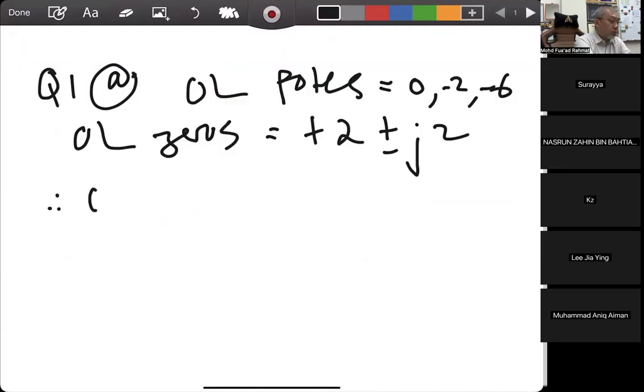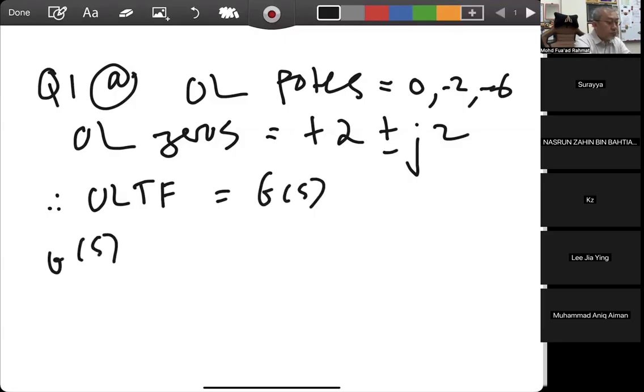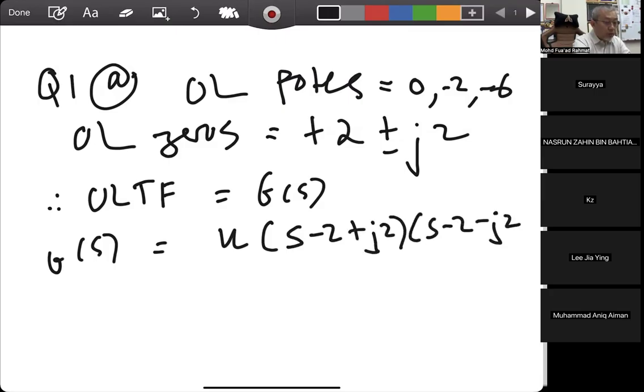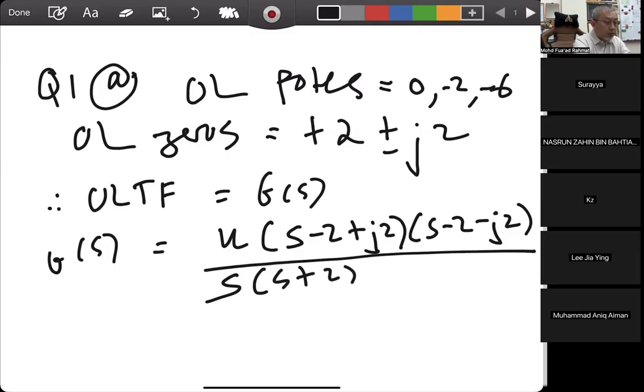So open loop transfer function G(s) equal to K gain, (s minus 2 plus j2)(s minus 2 minus j2) over s(s plus 2)(s plus 6).